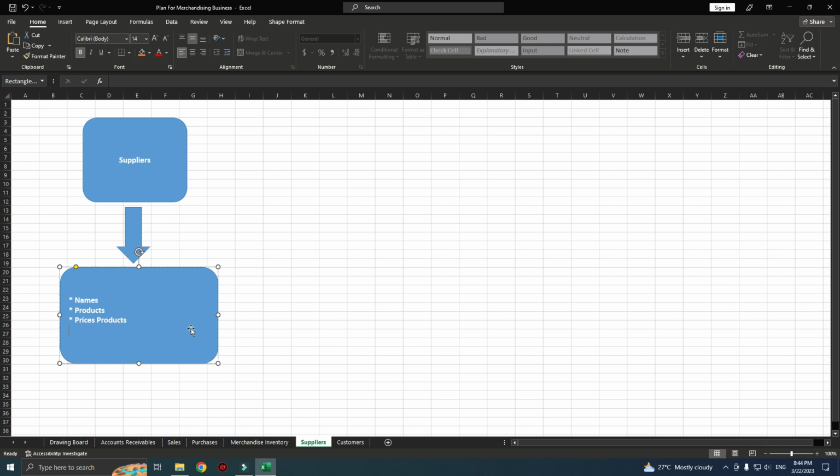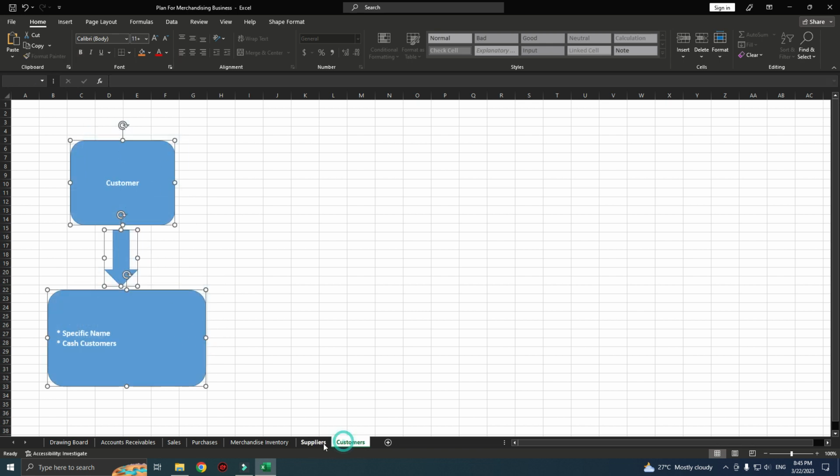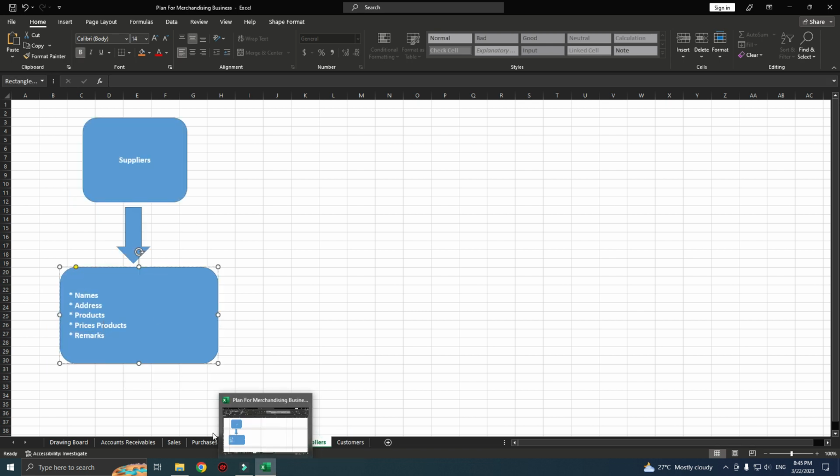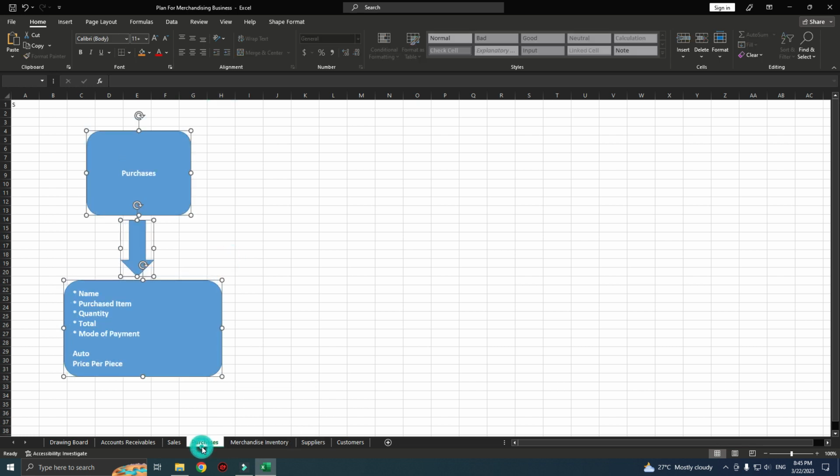What else? Address and remarks. For now, that's all I can think about for the suppliers. The suppliers are the details for the purchases.